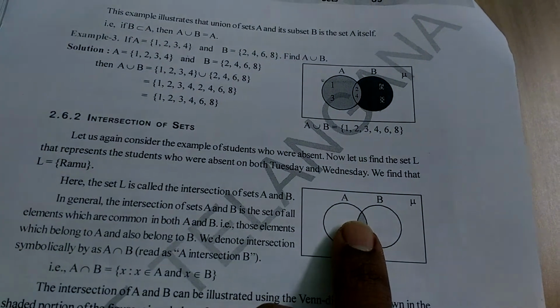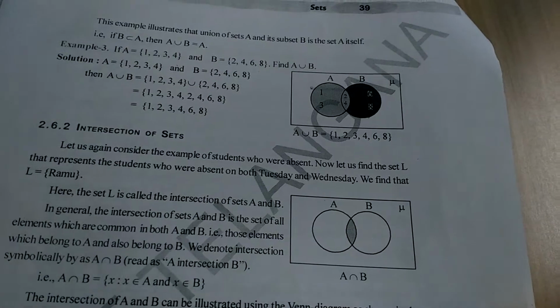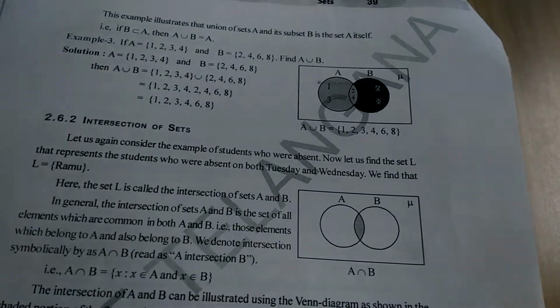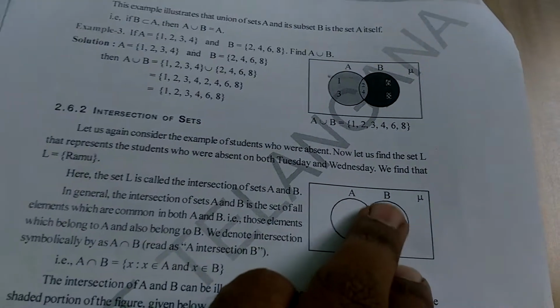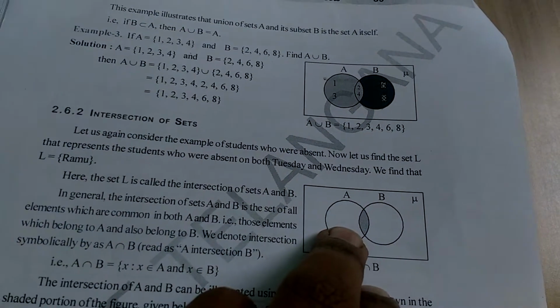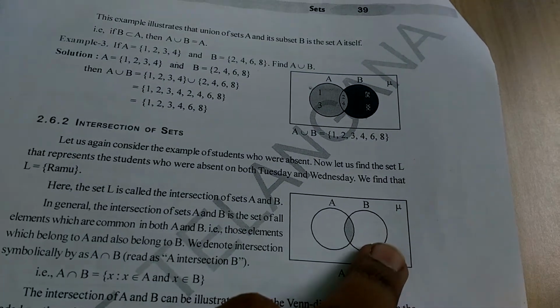What is this shaded part here? Among these two circles, the shaded part is the common region between set A and set B.